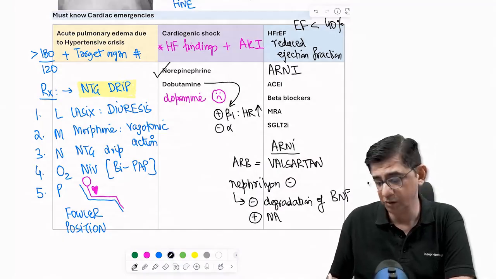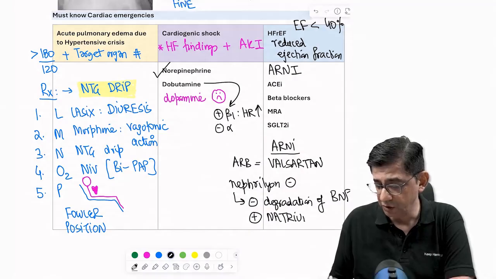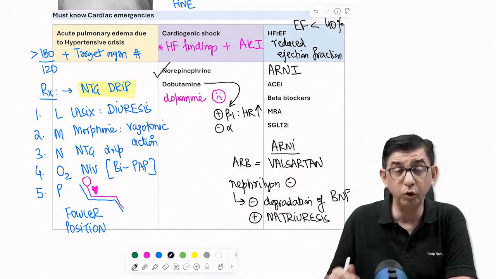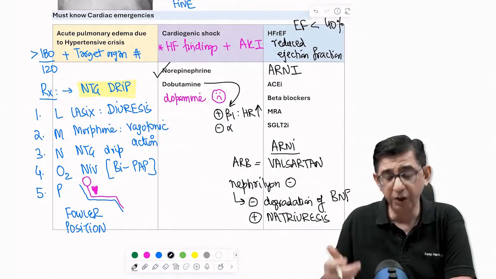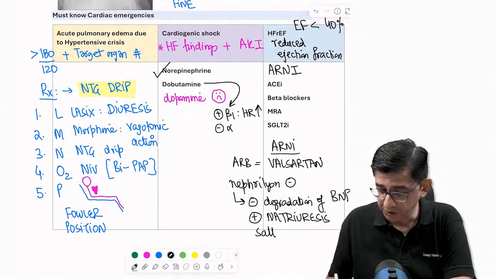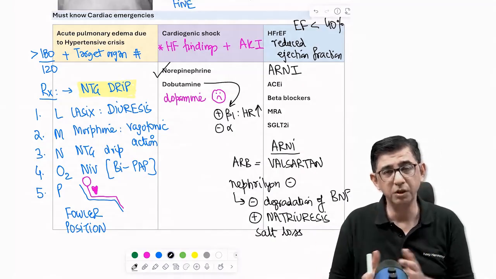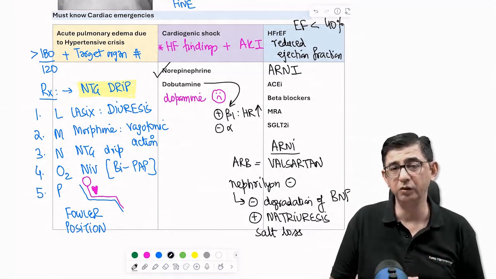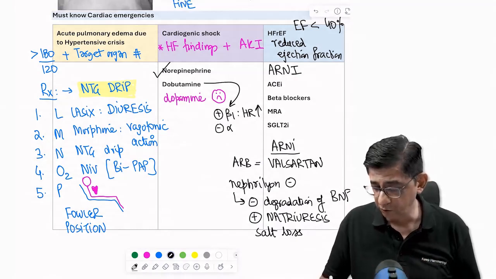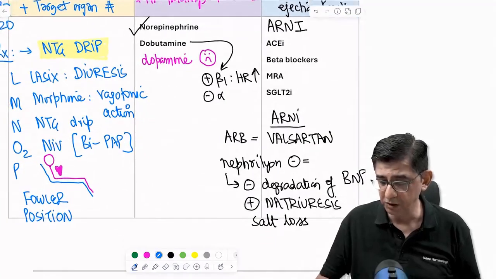It will be able to cause more natriuresis, and this will be beneficial because when I lose salt from the body, it will be beneficial for the person. Natriuresis will cause salt loss. Now, in heart failure, if you lose salt, then it is beneficial because it will prevent the further expansion of the plasma volume. So the molecule that would be used in this particular case would be sacubitril.